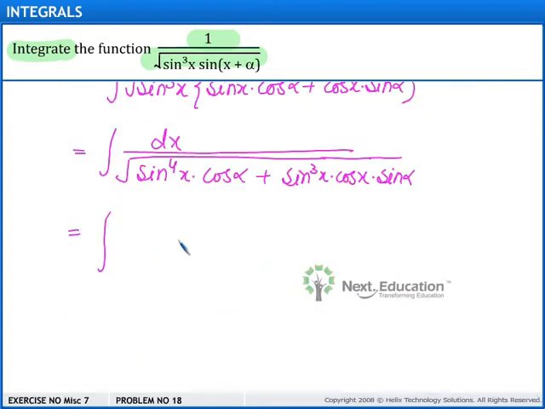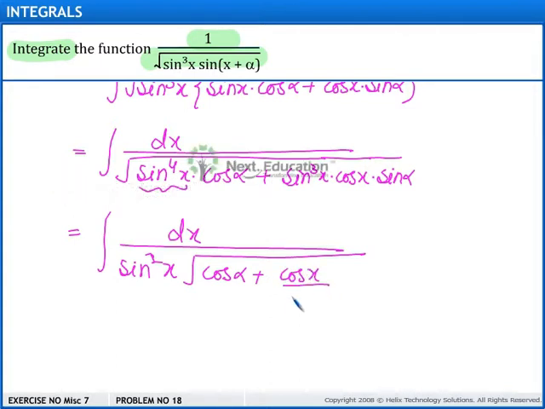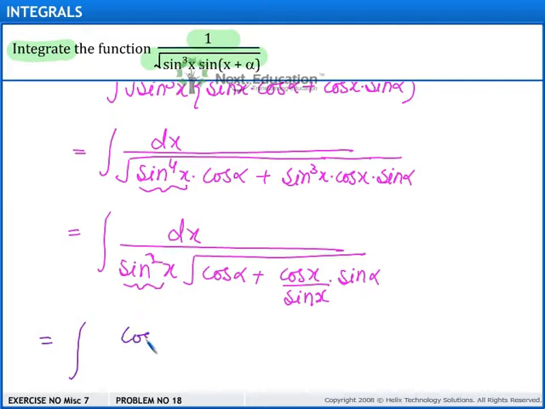This is further equal to integral of dx divided by, now taking sine raised to the power 4x outside the root, this gives sine square x, and here we have cos alpha plus here we have cos x divided by sine x into sine alpha, since here we have taken sine square x outside the root, and this is equal to integral of 1 upon sine x is cosec x.